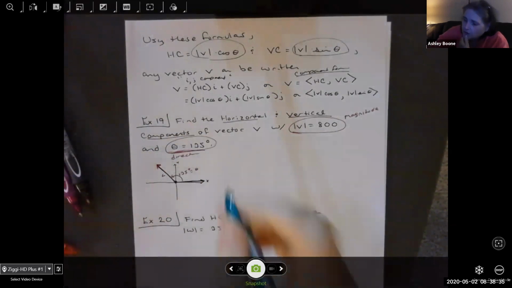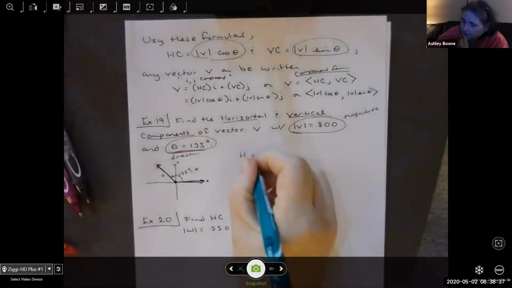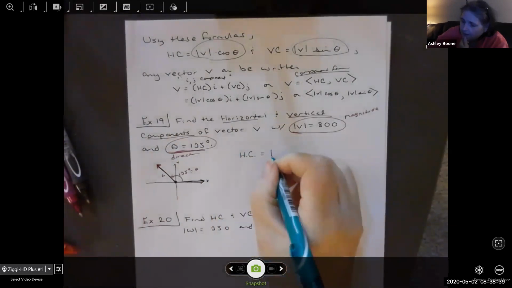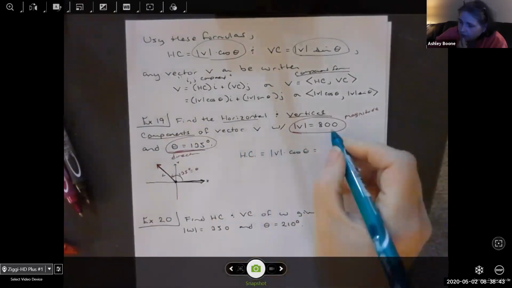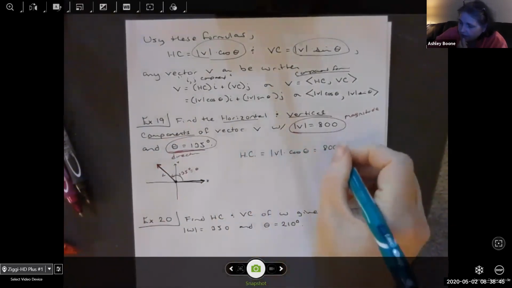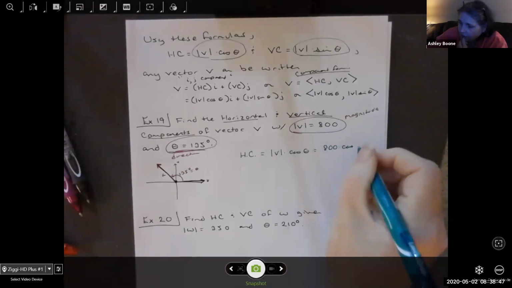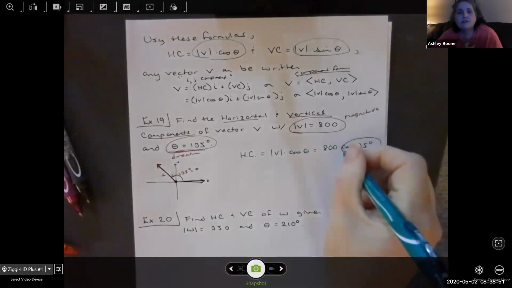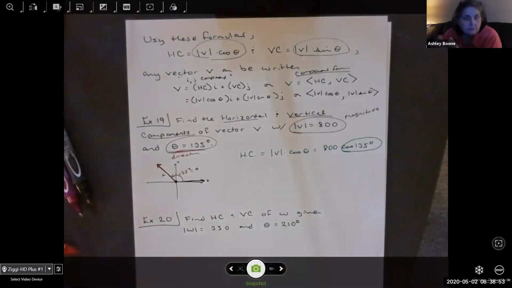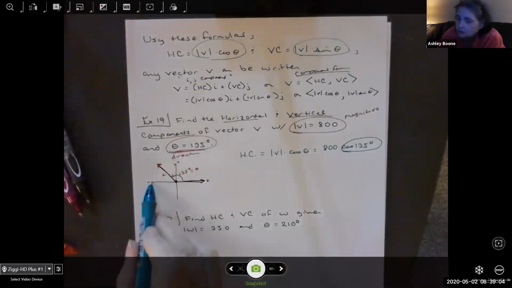Well, the horizontal component of any vector can always be found by the length of the vector times the cosine of that central angle. So for this problem, that's 800 times the cosine of that central angle, which is 135 degrees. Now, if you're dealing with one of your nice angles, like we learned from the unit circle, it's always great to be exact when at all possible. So I know that the cosine of 135, I'm in quadrant 2.